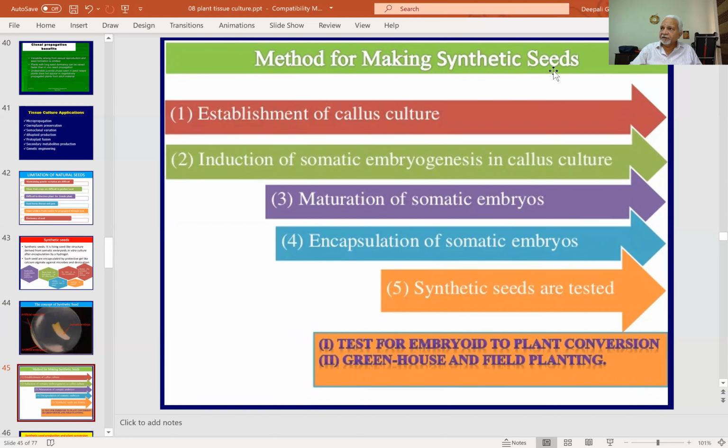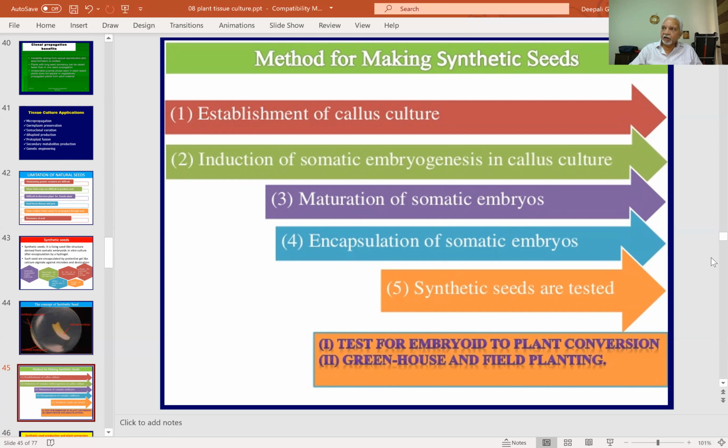So what is the method of generating this? First you have to establish the callus culture and then induce somatic embryogenesis in that. The somatic embryos then undergo maturation, then encapsulation, and these seeds are tested for their ability to get converted into plants, taken from the lab to greenhouses and then to the field.